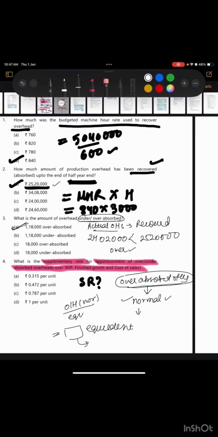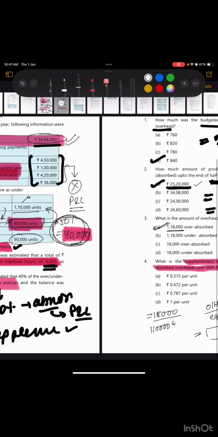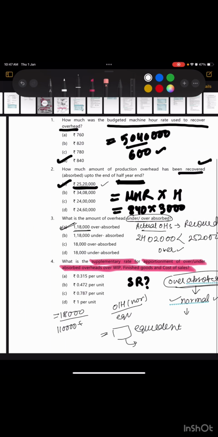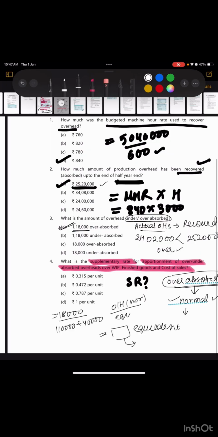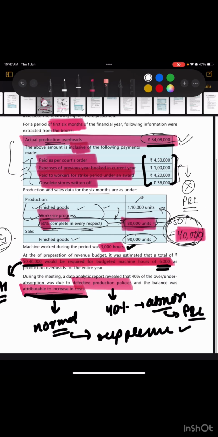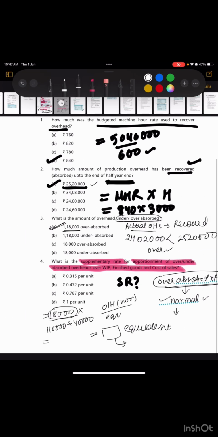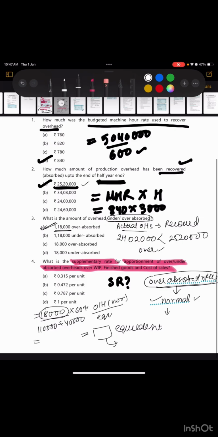The over absorption is 1,18,000. So 1,18,000, of which only 60% relates to normal reasons, will be divided by 1,10,000 of finished goods plus equivalent units of work in progress, which is 40,000. So our figure comes out to be 0.472.